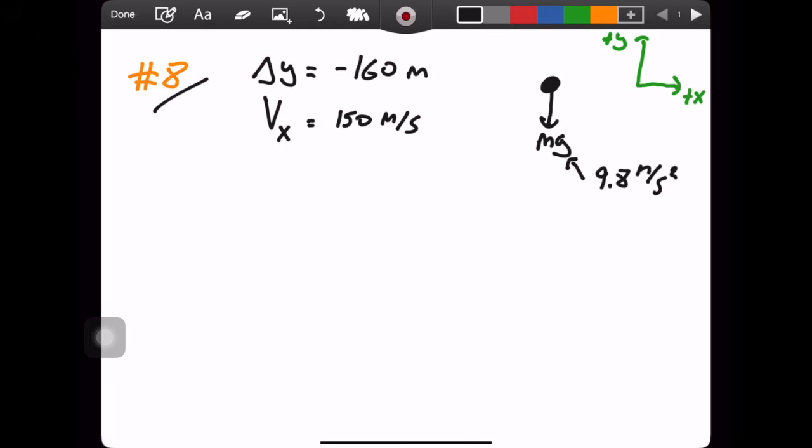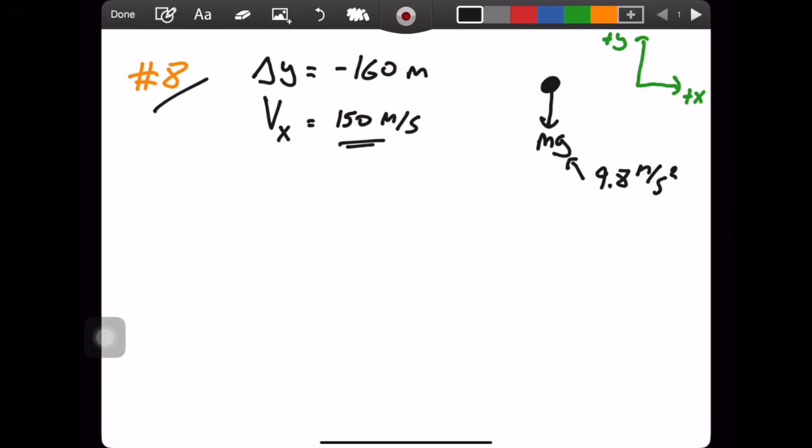It has the same velocity as the plane when it gets dropped, and it stays at that velocity because there's no acceleration in the horizontal direction. If there's no acceleration in the horizontal direction, that means the velocity doesn't change. So whatever the velocity is horizontally of that plane, which is 150 meters per second, it's going to stay that way.